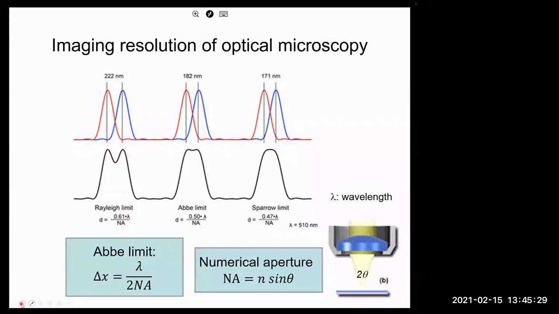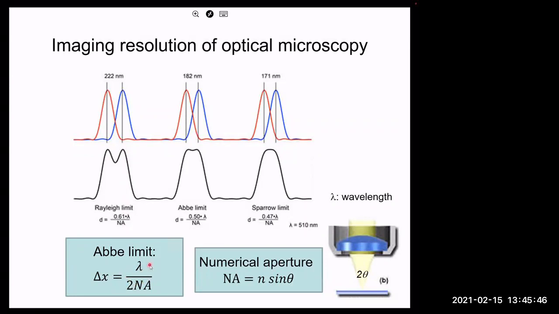There's always a finite resolution, and that finite resolution depends on the definition, given by the wavelengths and also your experimental setup.